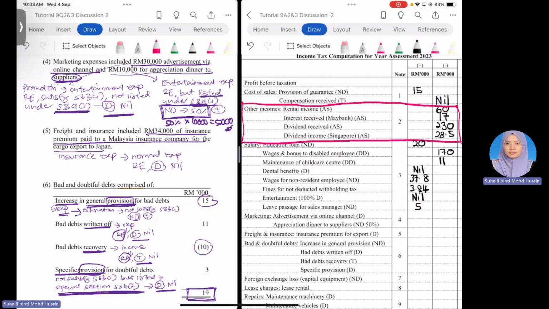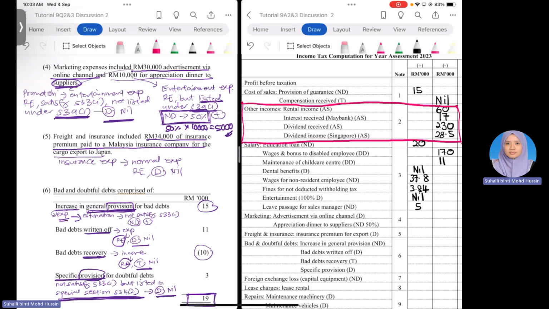They include 2 items in the marketing expenses. One is the promotion using the online channel, and another one is the appreciation dinner to the suppliers.